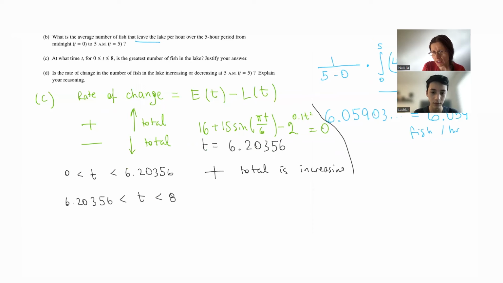Do we need to test the second interval, this one? We do not need to test the second interval, because if we have a positive on the left side and we identified a critical point, then that means that this necessarily does need to change between signs. So if we stay positive... Why can't this be just positive and positive? Here the function is increasing, then the increase slowed, and then it's increasing again.